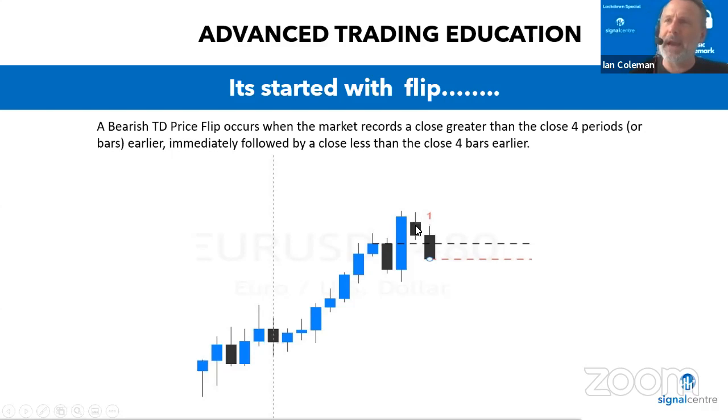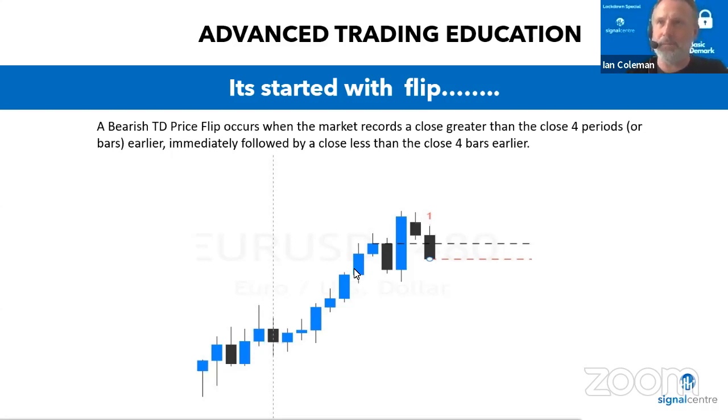Okay, when we count back 1, 2, 3, 4, that close there is higher than this close here, and 4 is a very important number when we're looking at TD. The 4 and the 2, it's a prerequisite for different changes or cancellations in a lot of DeMark counts, if you like.